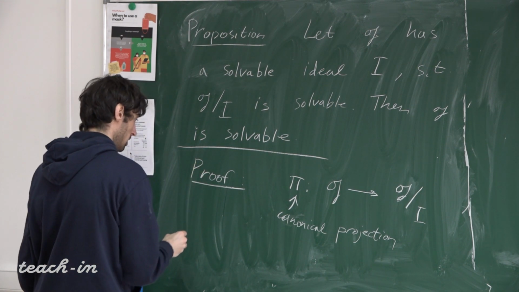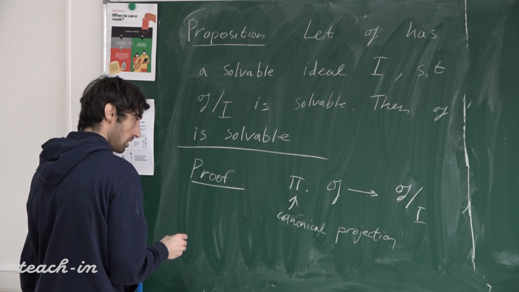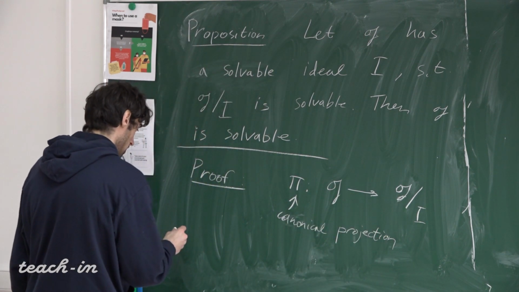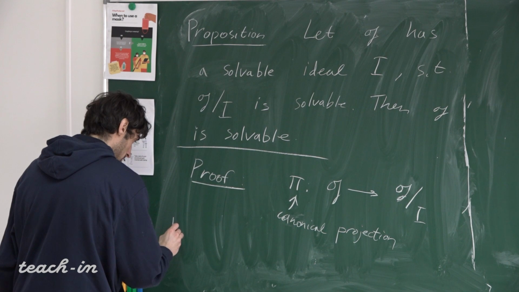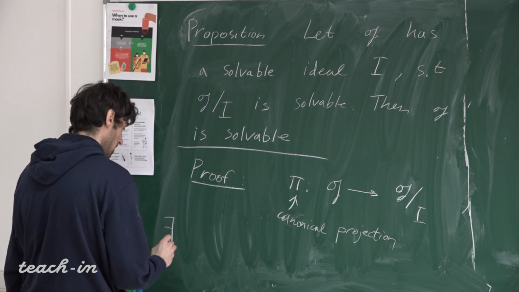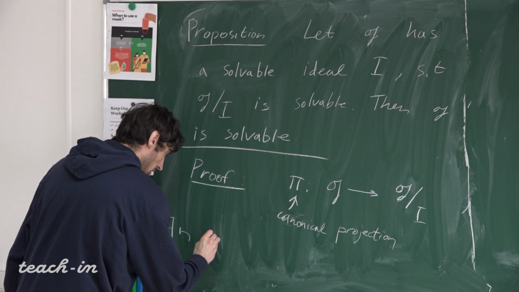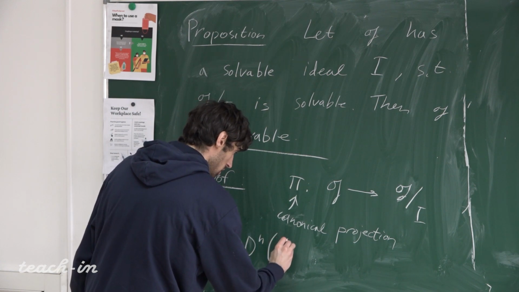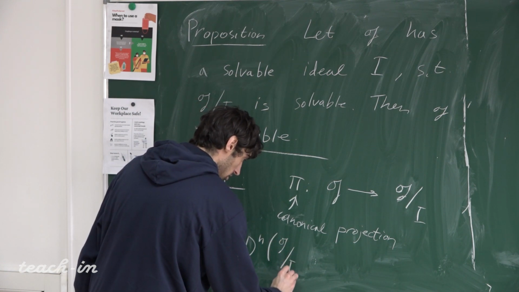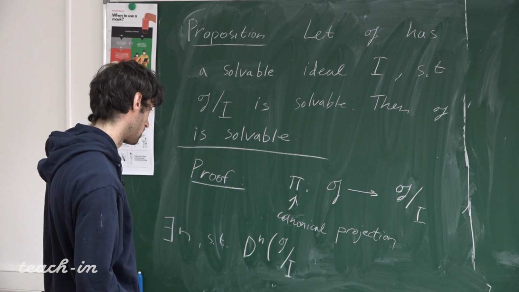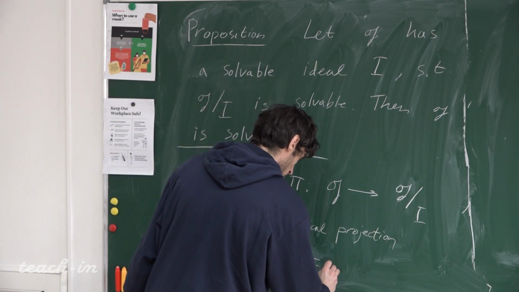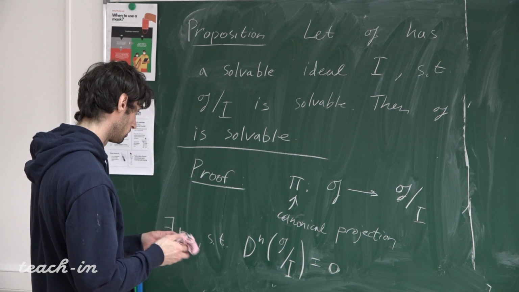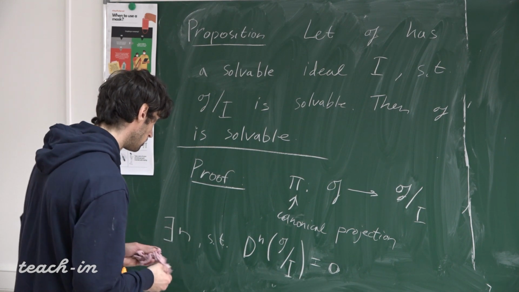Right, so this one is solvable, right? Therefore, there exists some n such that d^n of G over I equals 0.